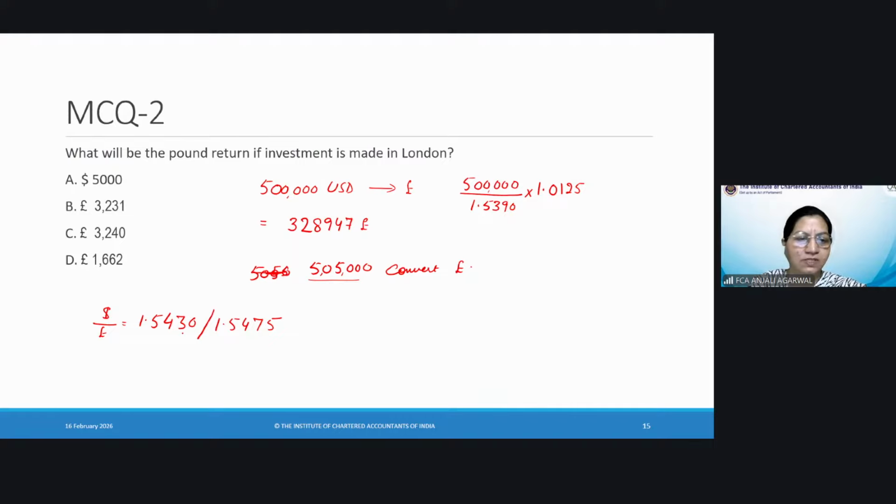So you want pounds. If you want to buy pounds, the ask rate is applicable, but you have dollars.